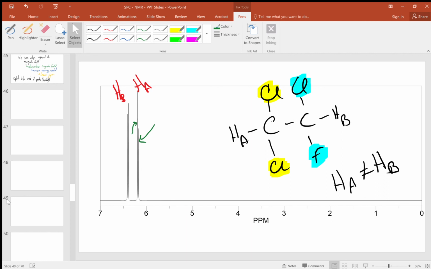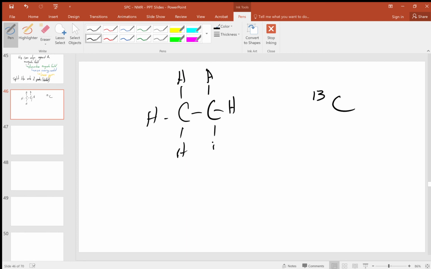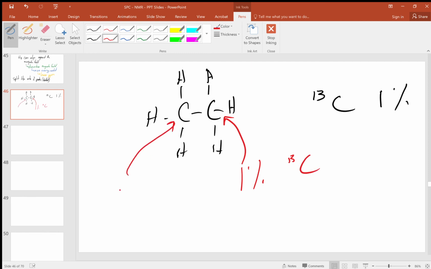Well, in carbon NMR, and we can just use the simple example of ethane, we're looking at C13. Well, remember, carbon-13 is only 1% of the natural abundance. So there's a 1% chance of this being C13. There's a 1% chance of this being C13.